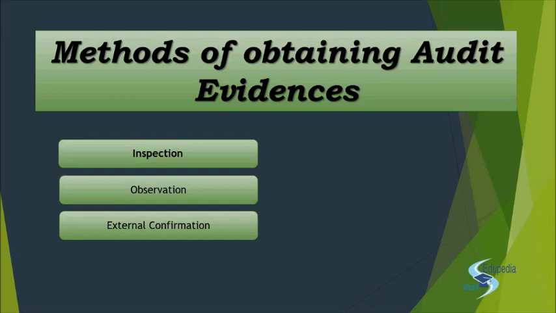But over here what you need to understand is, yes, external confirmation is also a method of obtaining audit evidence, right? Because for example, you have sent the debtor a confirmation request on the management letterhead that the outstanding balance of the debtor is 2 crore rupees, and the debtor straightforwardly denies: no, the outstanding balance with me is only 1 crore.